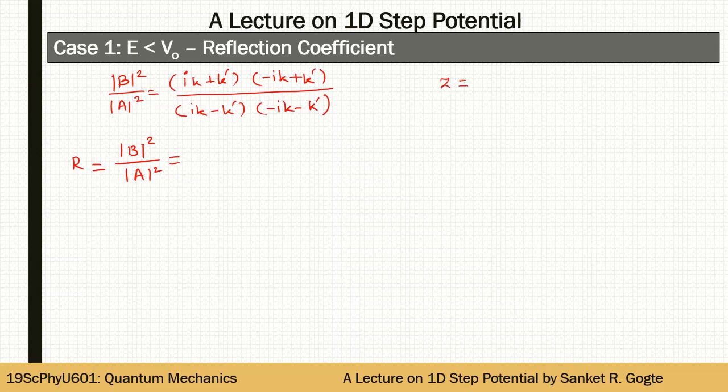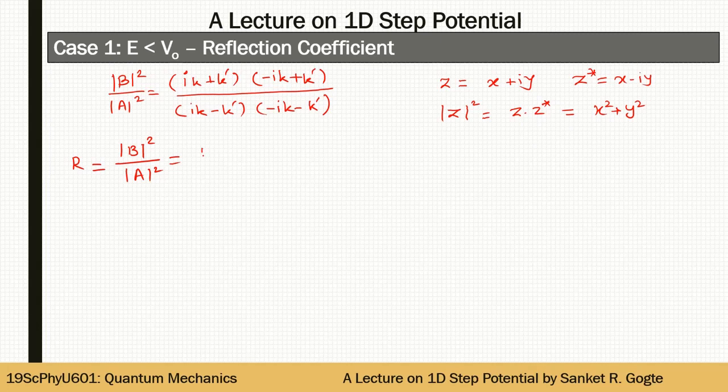I have a complex number z, which is x plus iy, and I'm multiplying that complex number by its complex conjugate x minus iy, and this, multiplying the complex number by its complex conjugate, will simply be equal to x square plus y square. And if you don't know this already, you can convince yourself by expanding the brackets.